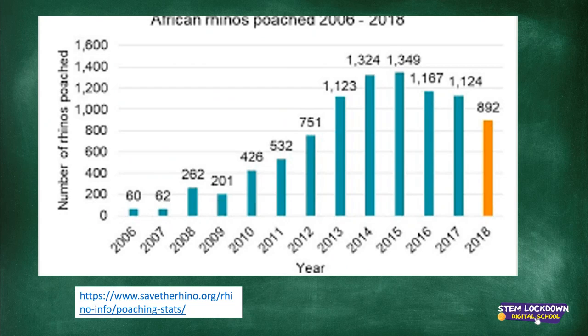But fortunately, it's starting to go down. Maybe they're catching those poachers. I do hope so. So we don't have the figures for last year, 2019, but the year before was 892 rhinos. I'm really relieved. See how a chart gives us other information and shows us the progression, and now it's going down again.